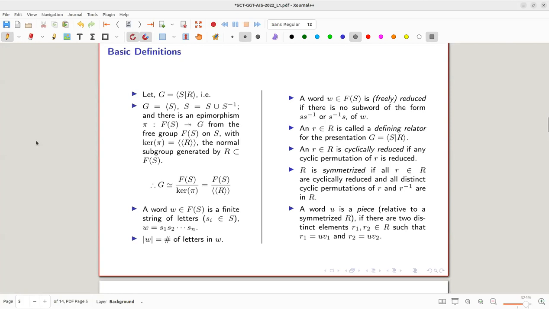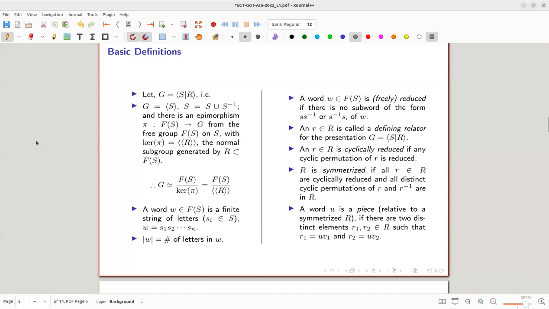So G is essentially a quotient of the free group generated by these generating elements. We have this quotient map from the free group on S to G, and the kernel of this quotient map is the normal subgroup generated by the set of relators R. So G is isomorphic to the free group on S modulo this normal subgroup.